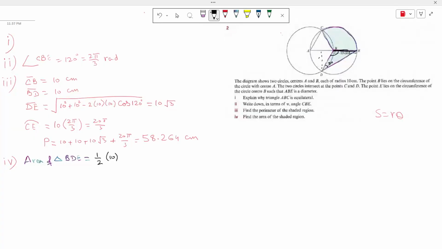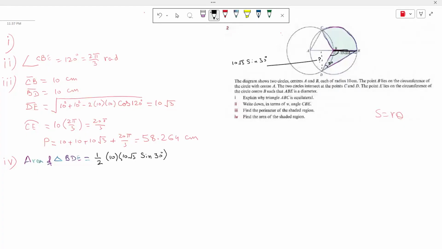So this altitude is DE, which I found as 10 root 3, times sine of 30 degrees.